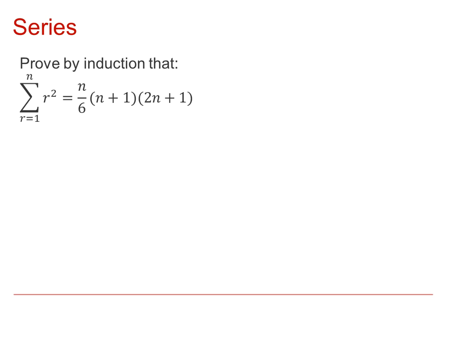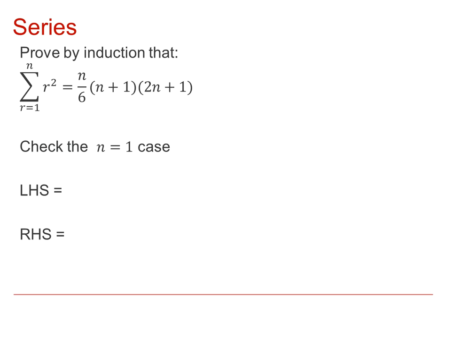The process of induction has three steps, as we're well aware now. In the first case, what we need to do is to check when n is equal to 1. On the left hand side, we've got the sum from r equal to 1 to 1 of r squared, which is just 1 squared, which is equal to 1.